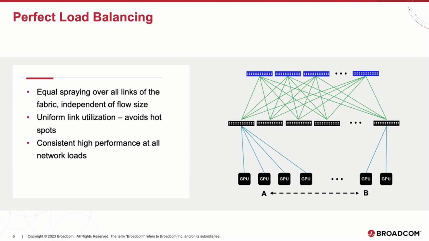Perfect load balancing. Compared with the traditional data center traffic pattern, AI workload has a significant reduction in the number of flows and a much lower level of entropy. Most of the traffic will be elephant flow, meaning long-lasting and high bandwidth flow.